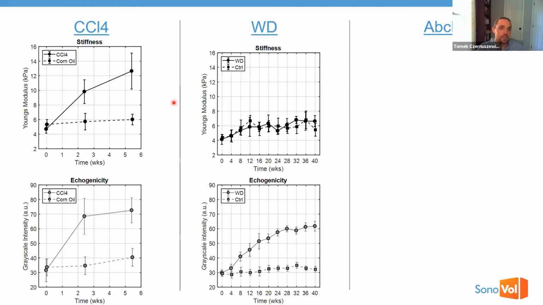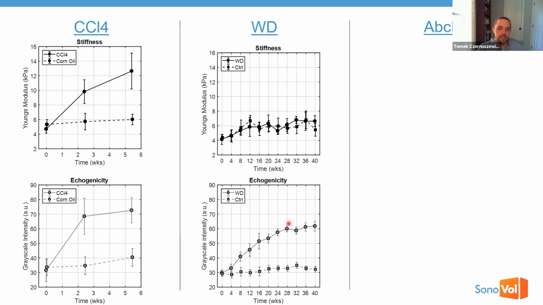The Western diet model, I was actually a little disappointed when I saw this data at first, although I do think it highlights the power of the imaging modality. In the stiffness map, we're really not seeing too much difference. The model has been running for about 40 weeks now, almost an entire year, with these mice on the Western diet.